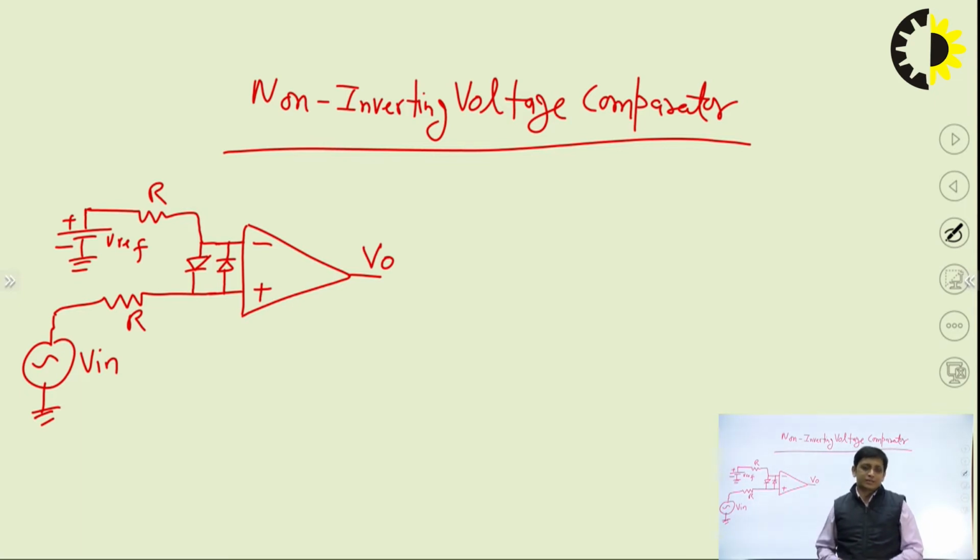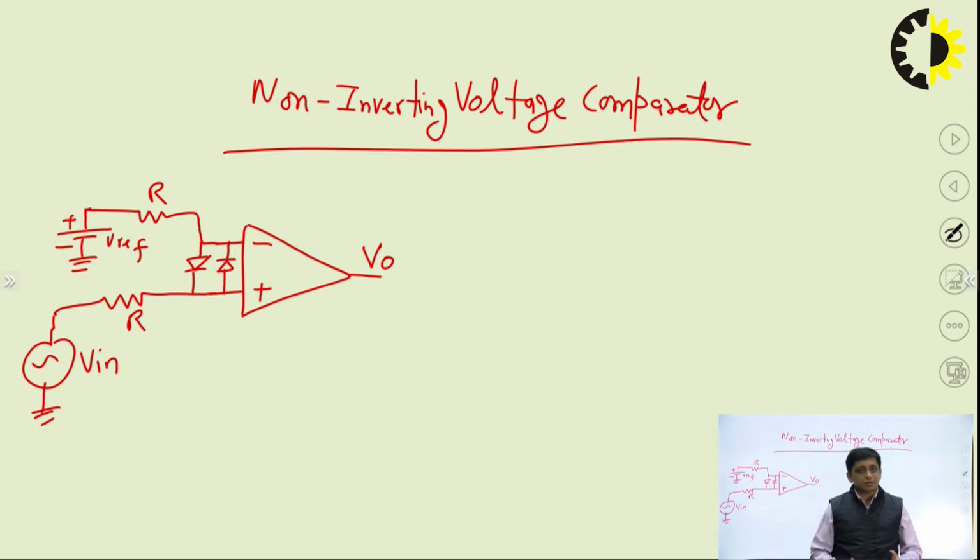By default we are considering silicon diode, right? So it can protect the input of the op-amp from very high input voltage, right? Although in some op-amps there is already input voltage protection circuitry.